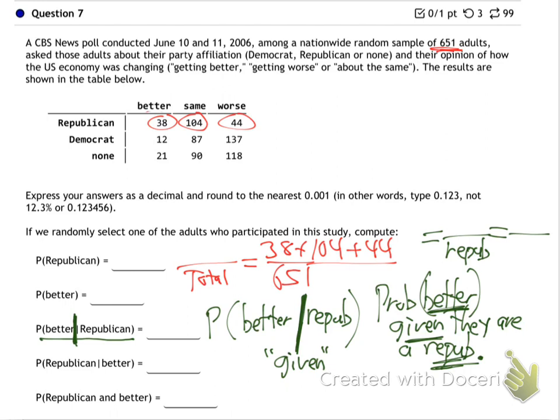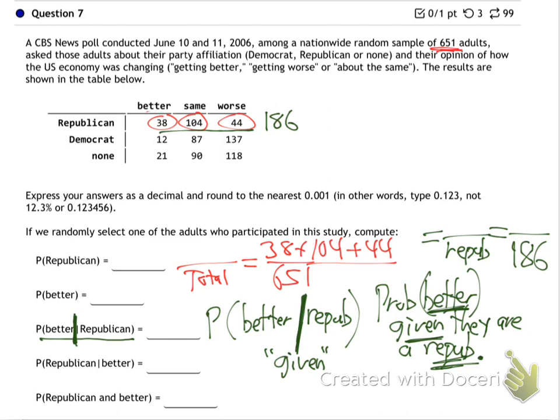So how many Republicans are there? Is that this total here? These right here add up to 186. Yeah, 186 is the total. So we're talking about one of those 186 people, aren't we?